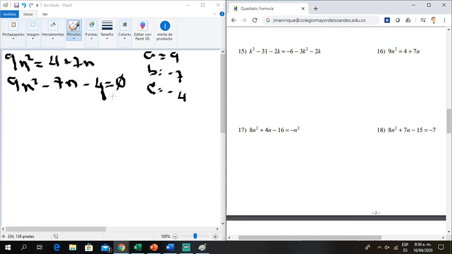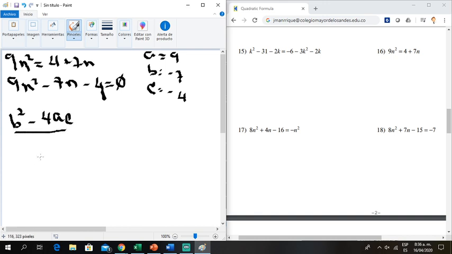Excellent. Now we have to replace them in the discriminant equation. Remember the discriminant equation? It's b squared minus 4ac. Now we have to replace these values into the equation.